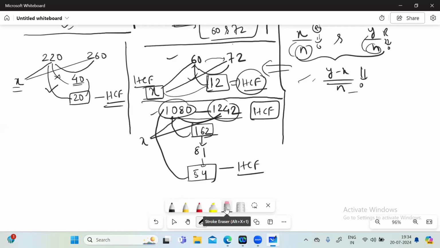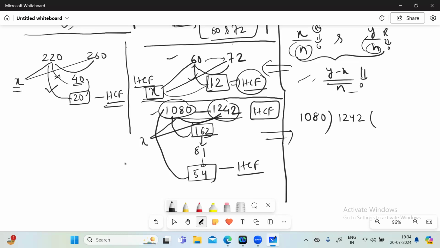Okay. There are other ways to find HCFs. One is very traditional. You all know about this. In school, you must have done it. We start dividing the bigger number by the smaller number, like dividing 1242 by 1080. So this particular formula or trick that has been created, which you already know from your school, is basically the derivation of the same thing, which I already explained to you.